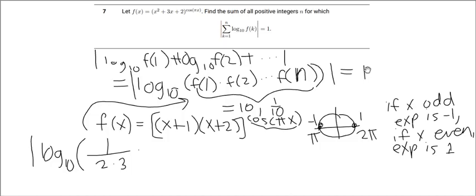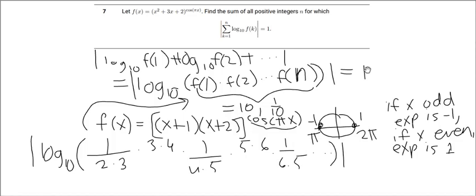Next, for f of 2, we would have the exponent of 1, so we would have 3 times 4 just as itself. And it keeps alternating, and so on. And this looks like something we can do. This is just going to telescope. We're going to have these terms cancel out like that, and so on.